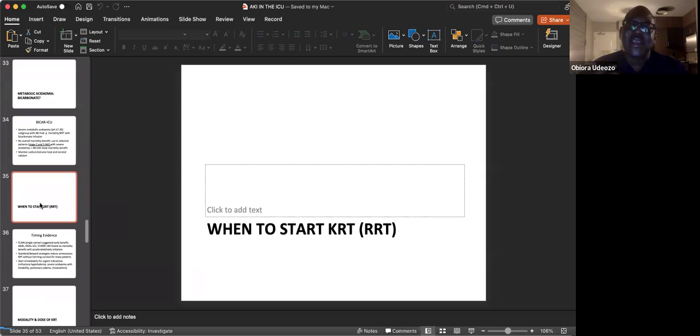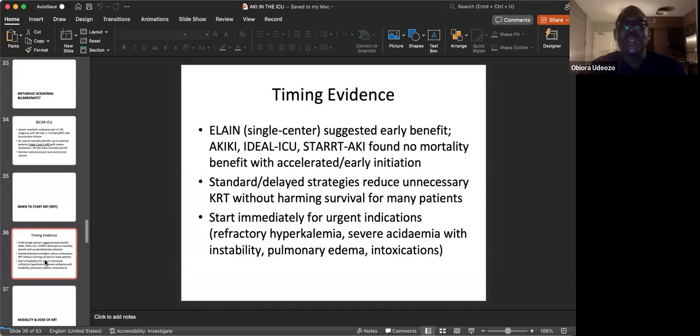Now, the next issue that we've debated many times in the past: your patient needs kidney replacement therapy. When do you start it? Do I start it early, or do I wait for as long as possible? Many trials were done.